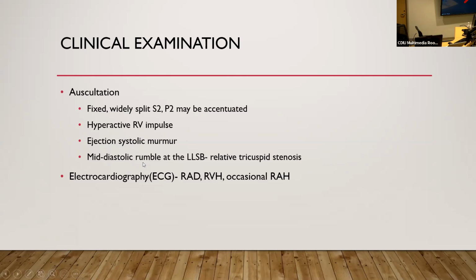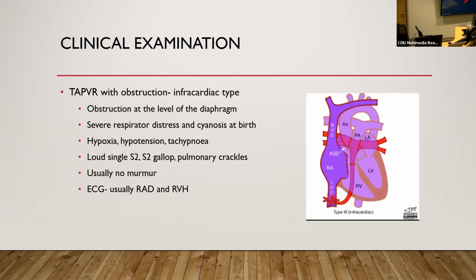And the mid-diastolic rumble can at times be heard at the lower left sternal border, which is because of relative tricuspid stenosis. And then on electrocardiography, you may have right atrial dilatation or right ventricular hypertrophy, and occasionally right atrial hypertrophy.